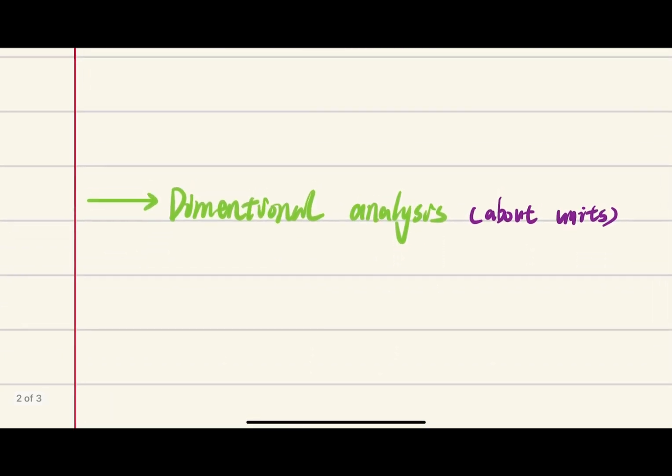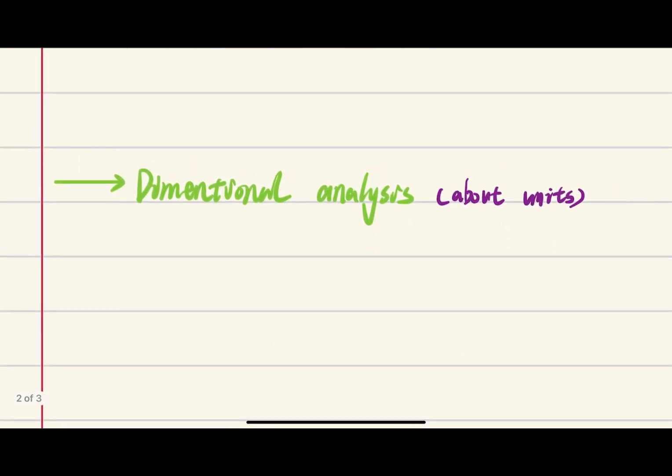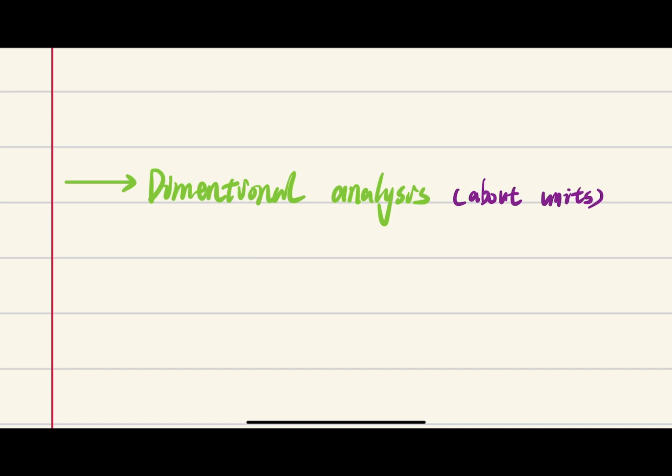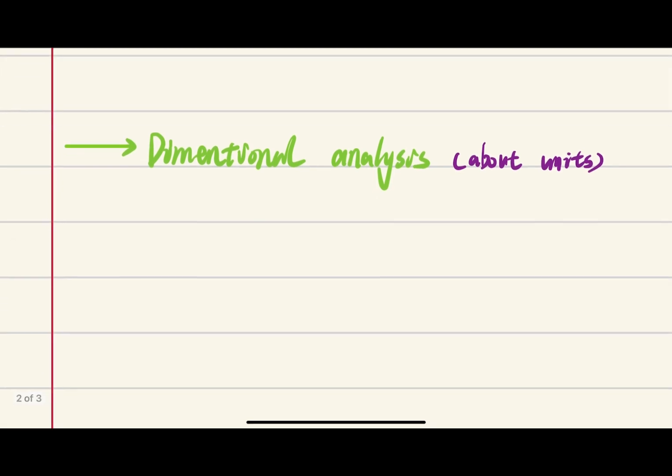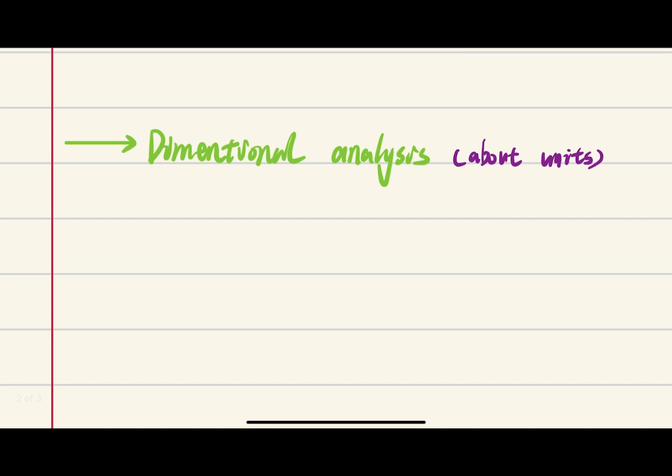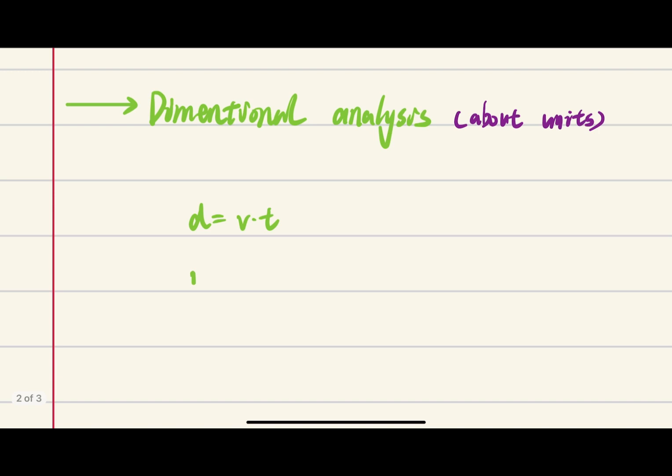Here, in dimensional analysis, we are basically messing around with those units that we talked about in lesson 1. Let me give you a simple example. We all know that d = v × t. Let's write down the units.